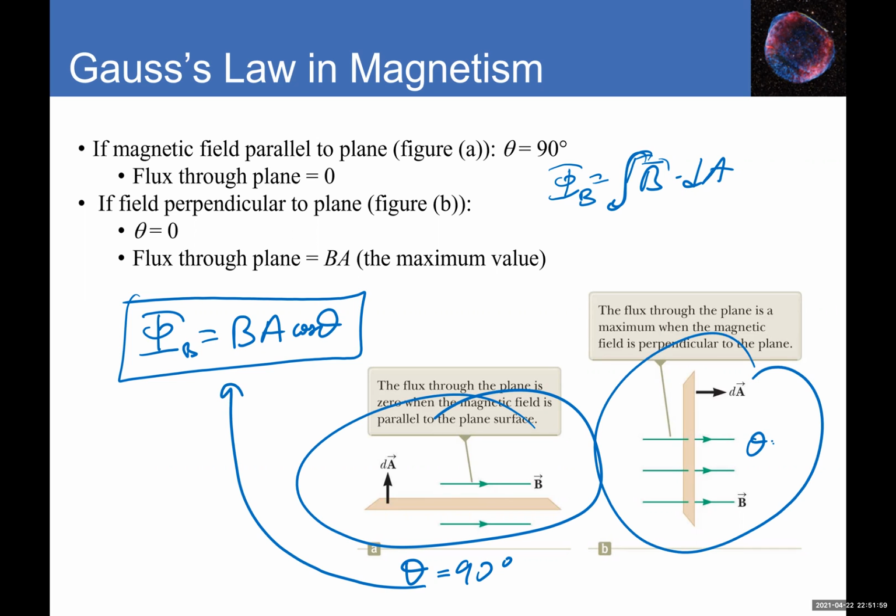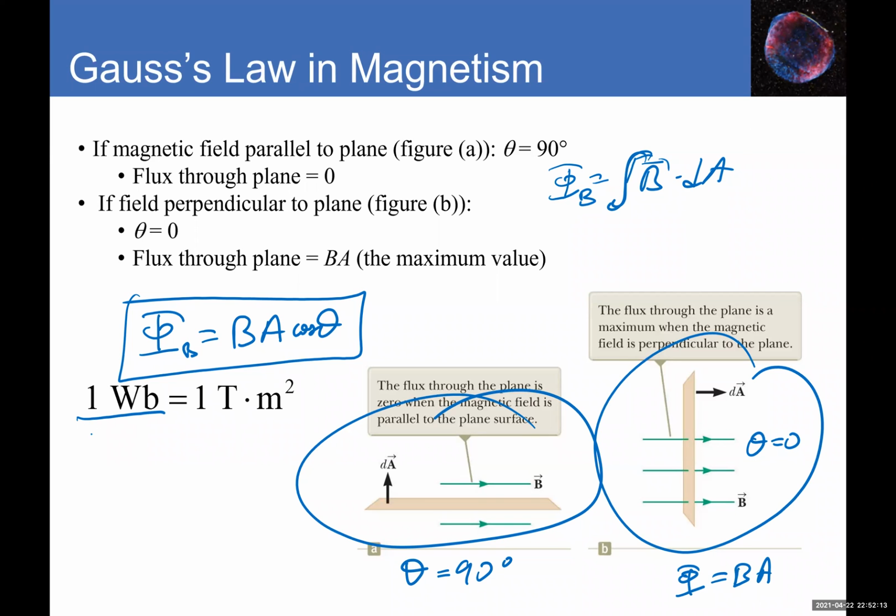Here the theta is 0 degrees, so flux will be just B times A. So you get a maximum flux. The unit for magnetic flux is the Weber, where 1 Weber equals 1 Tesla times square meter, because it's magnetic field times area.